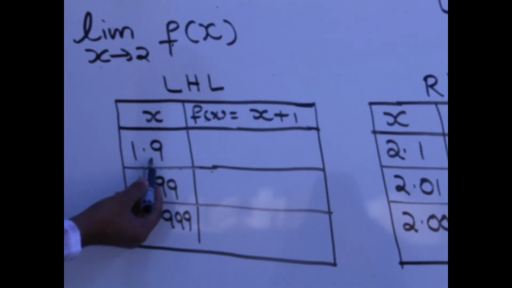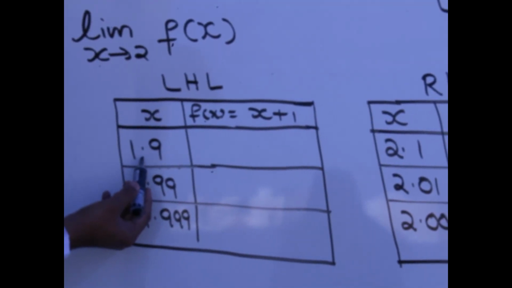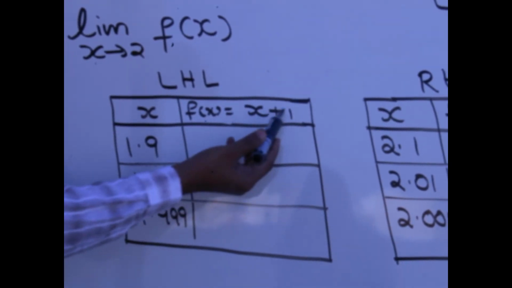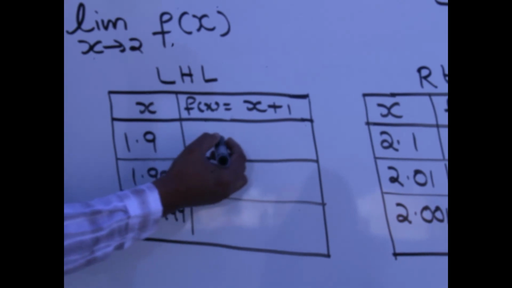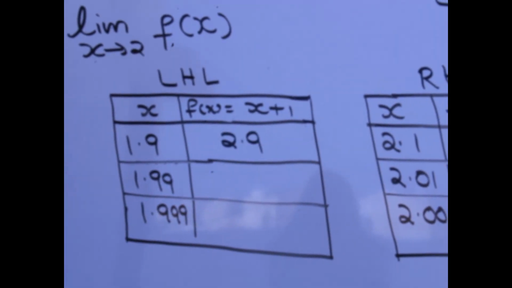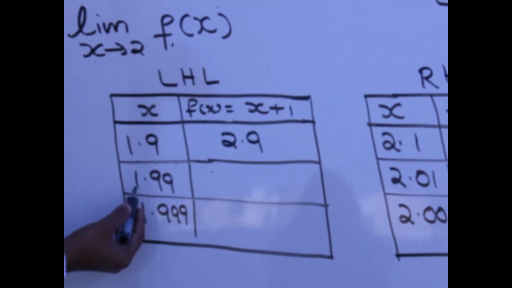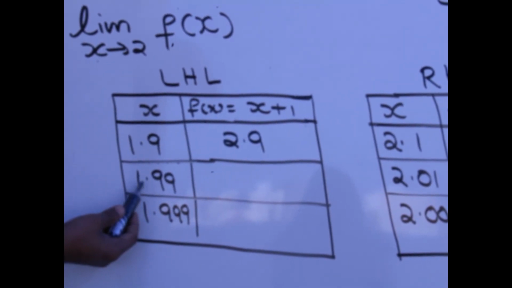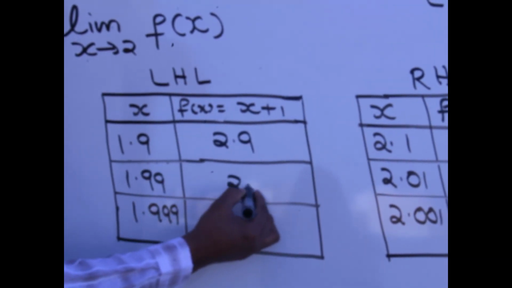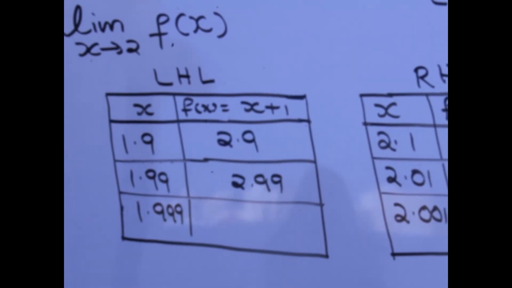We have to evaluate the value of x in this function. For example, we calculate 1.9 plus 1, so we get 2.9. Again, for the next iteration, 1.99 put in the function gives 2.99.